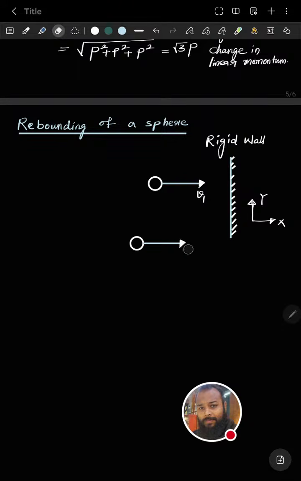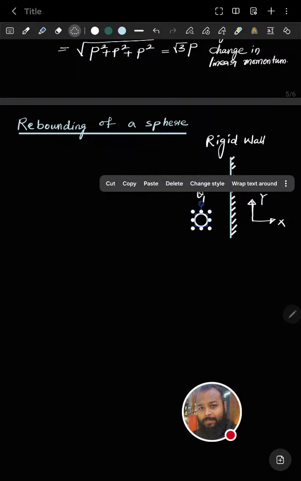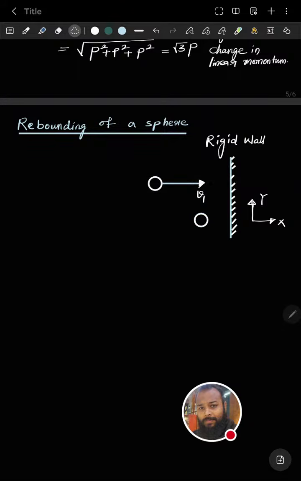Something wrong has happened. Yeah. So it is hitting the wall and rebound means bouncing back. That is called rebound. Coming back is called rebound.